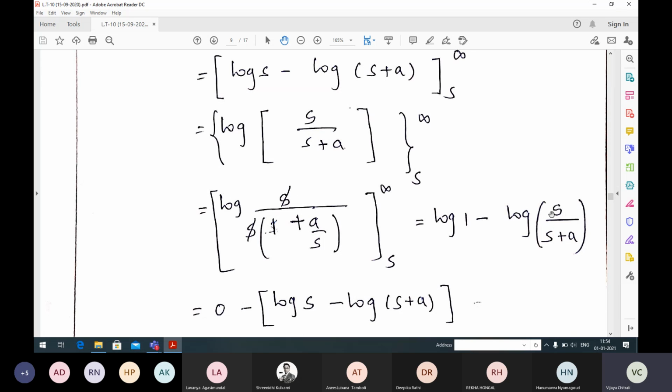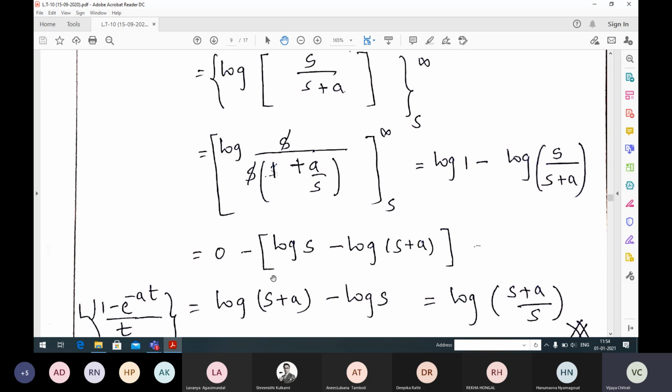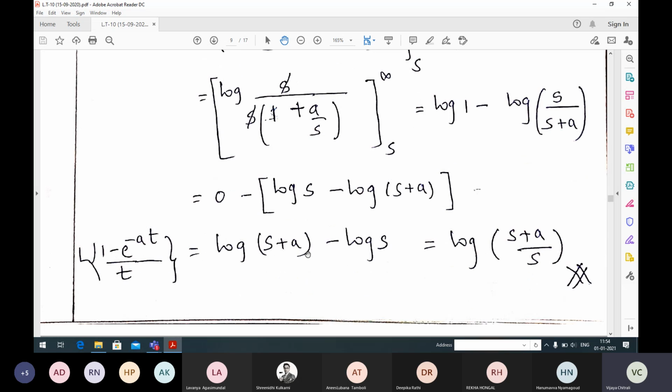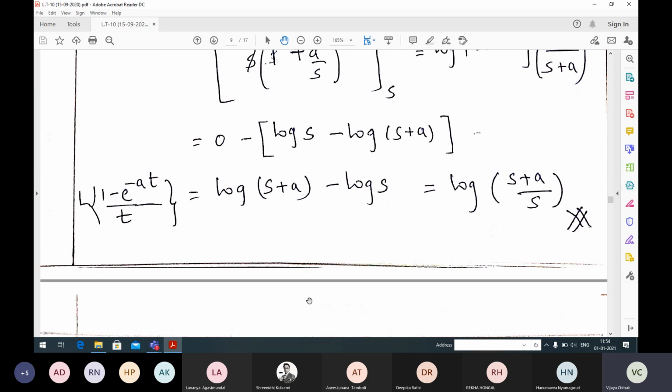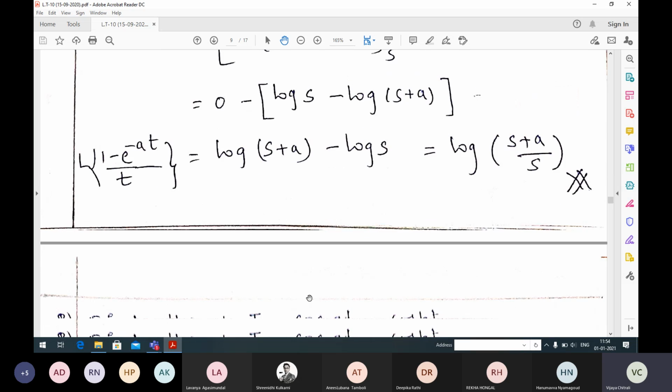Log 1 is 0, so the minus sign stays as it is. We can write log of s divided by s plus a as log s minus log of s plus a. Multiplying by the negative sign, minus into minus is plus, so this equals log of s plus a minus log s. Again, log m minus log n, so log of (s plus a) divided by s. This will be the required answer.